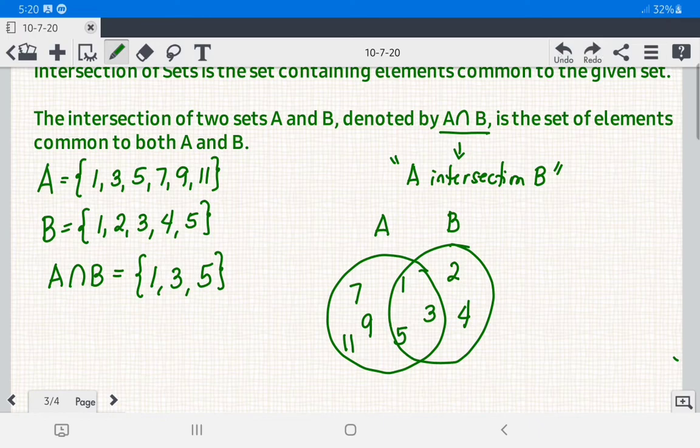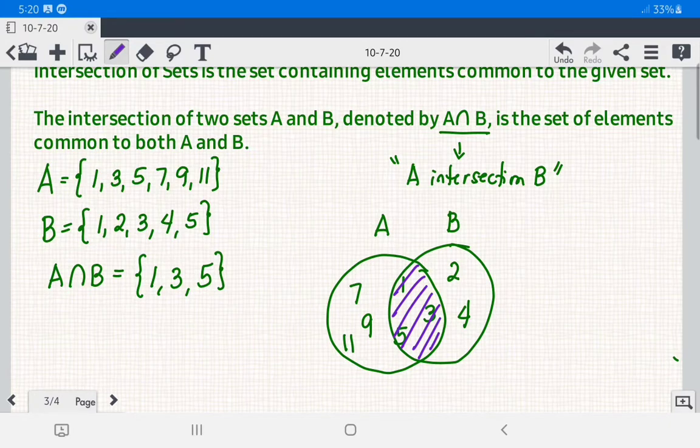Okay, so as you can see, we have here the intersection. We have the elements 1, 3, 5. So we're going to shade this part. So these are the intersection of the two sets, elements 1, 3, and 5.